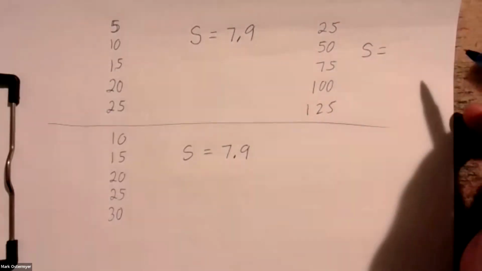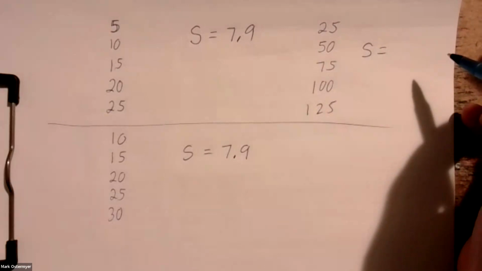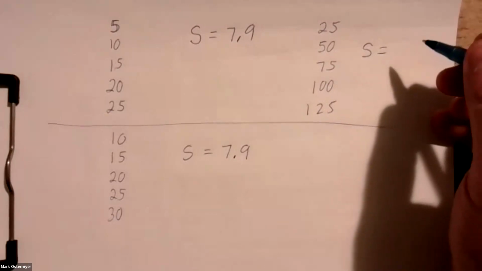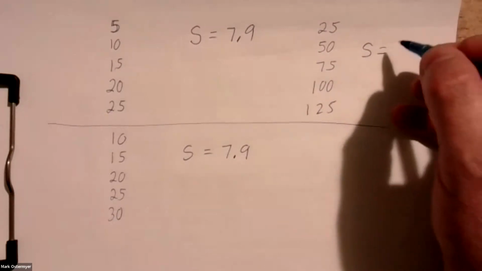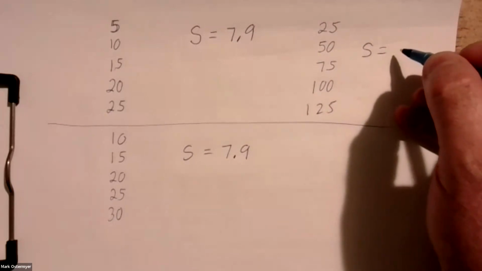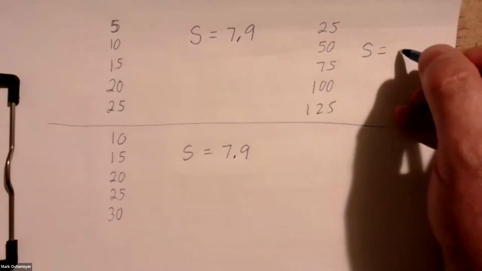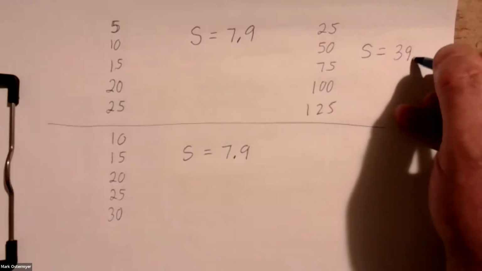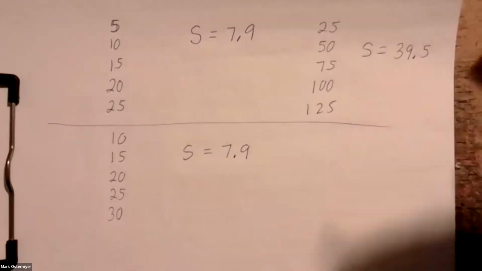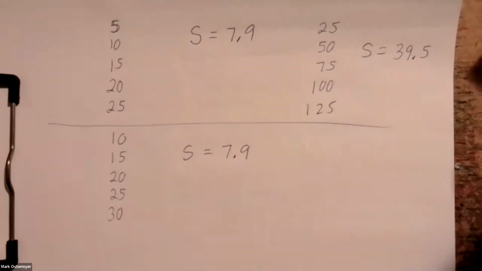Is it the same now? Oh, it's a lot different. I'm getting something a lot different here. In general, I'm getting about 39.5. That's what I got.